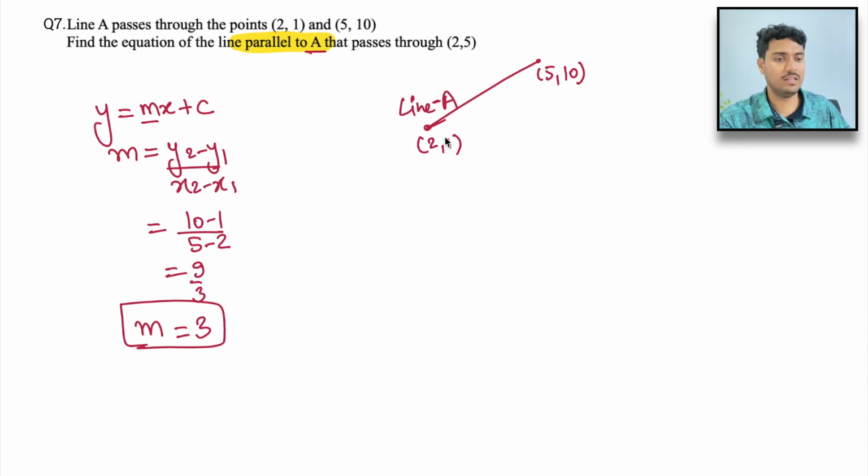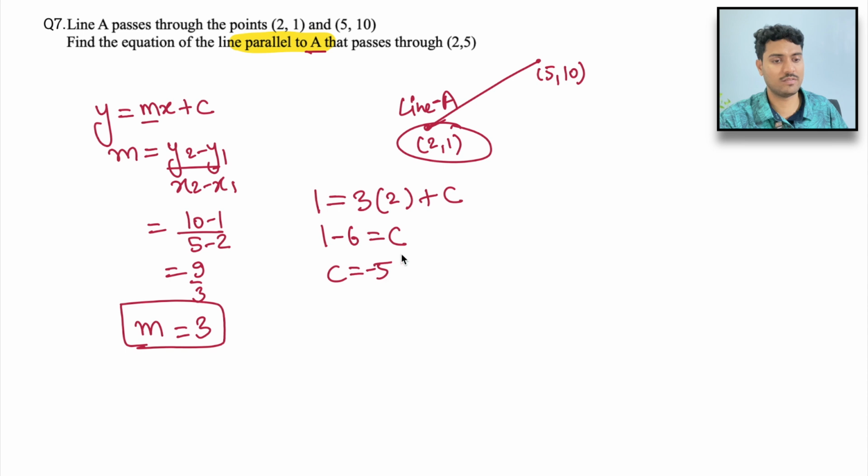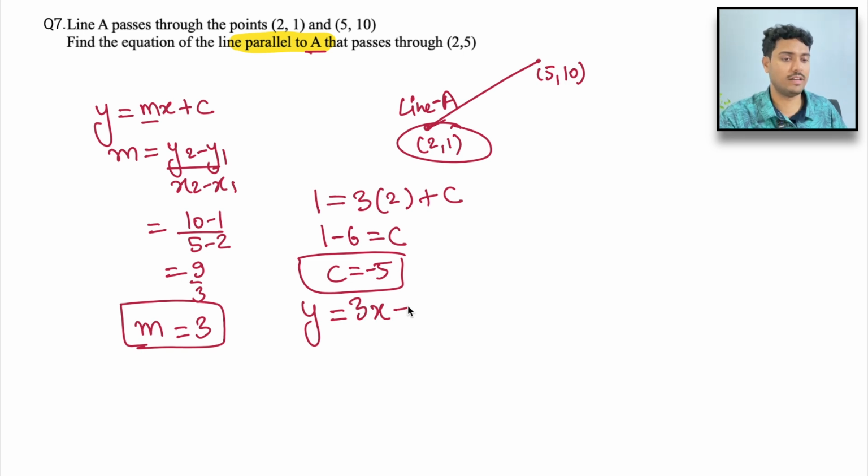So we can pick any coordinate. We can write it down as 1 equals 3 times 2 plus c. So 1 minus 6 equals c. So c equals minus 5. That means the equation of the line is y equals 3x minus 5.